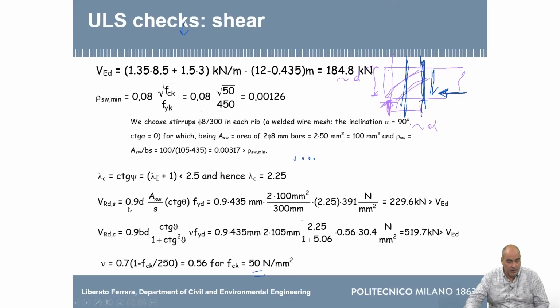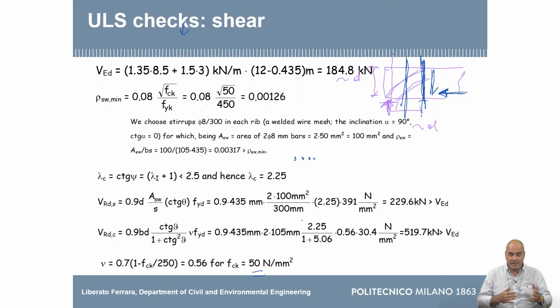And here you can see the code formulas developed according to the truss model. I'm not going to explain them, but this is the strength on the steel side, and this is the strength on the concrete side. And generally, we avoid over design. You see that here the strength on the steel side is the lowest one.